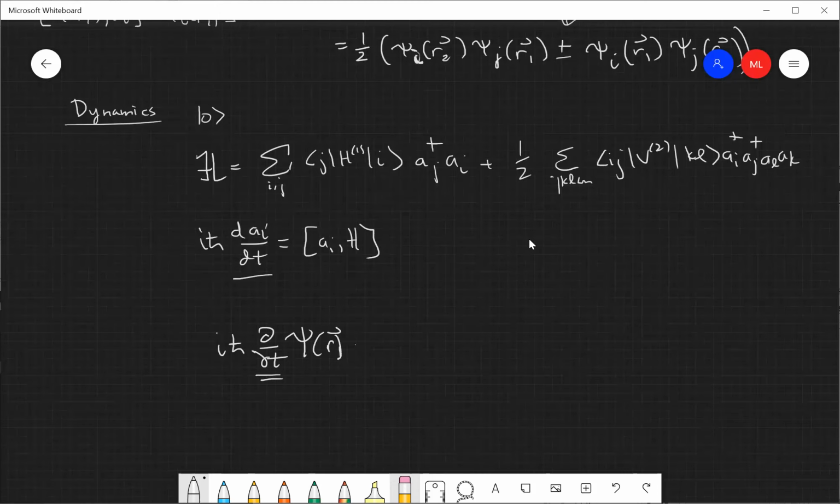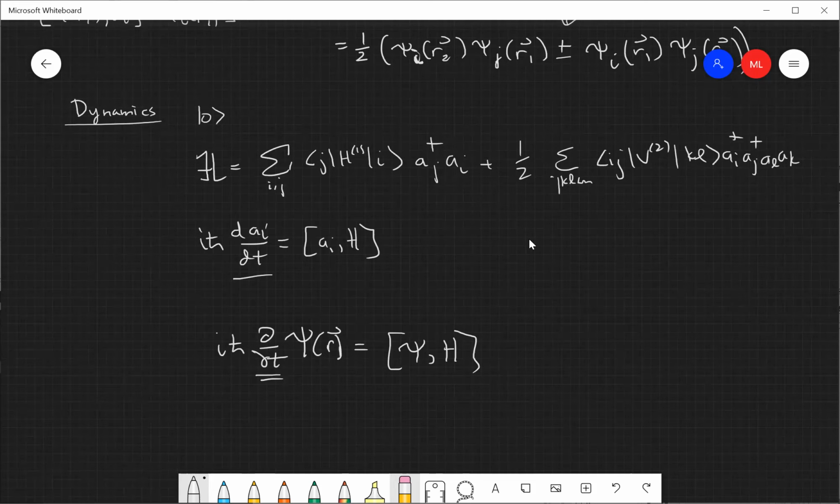And this also obeys the Heisenberg equation of motion. So you take psi and commute it with H. And that gives you, instead of sums over states, integrals over coordinates. That's what we did last time. And you can use this equation as a kind of quote unquote Schrodinger equation, but it's not. It's really a Heisenberg equation of motion for the field operator, which annihilates a particle at location r.